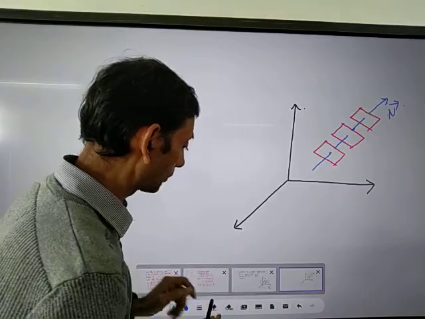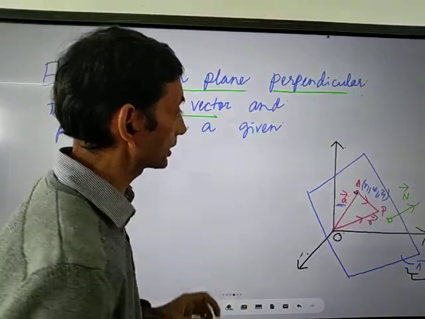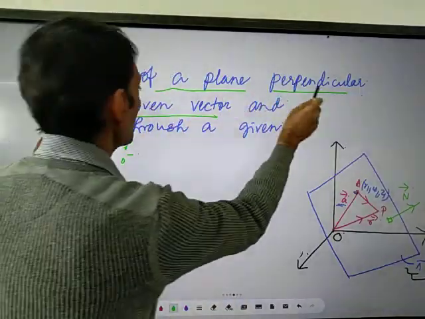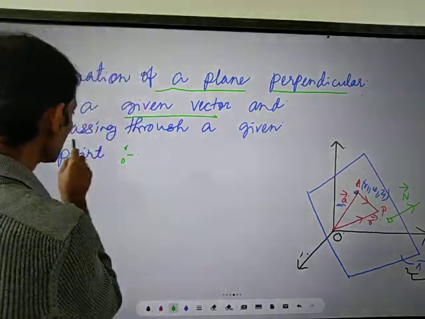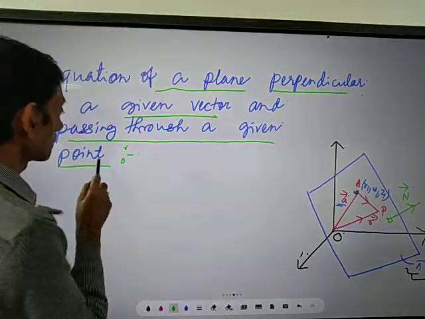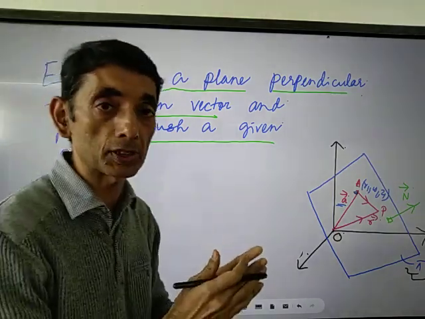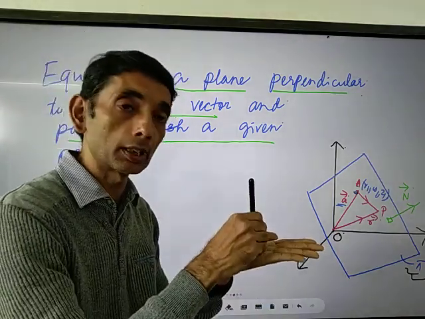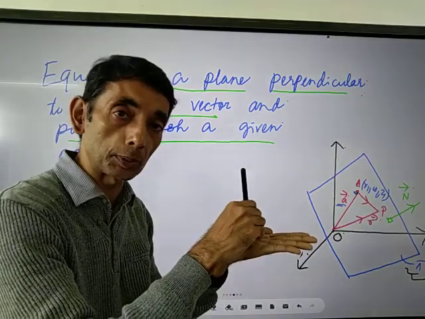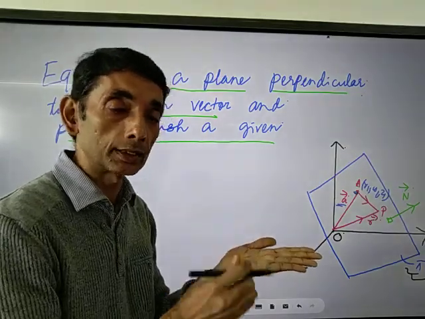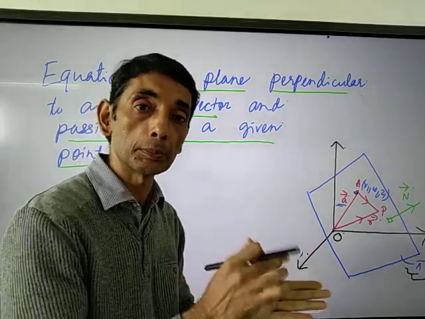Now we are given one more piece of information: the plane is perpendicular to a given vector and, most important, is also passing through a given point. So we have these two pieces of information: the vector is perpendicular to the plane, and the plane passes through a fixed point.